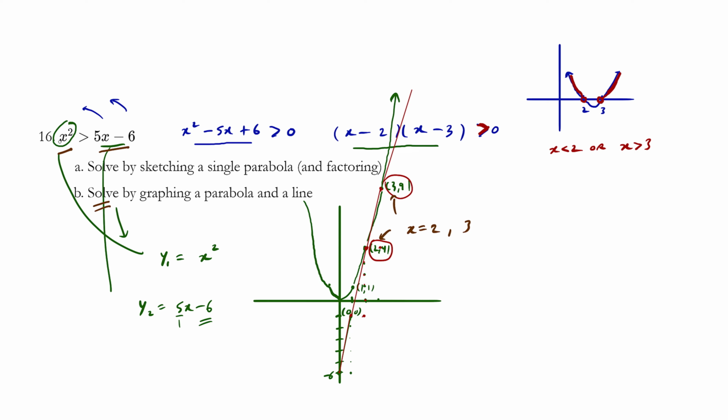The question is asking for the domain in which the parabola is greater than the line equation. And when is the green line above the red line? It's above the red line when x is less than 2, or when x is greater than 3. Exact same domain.